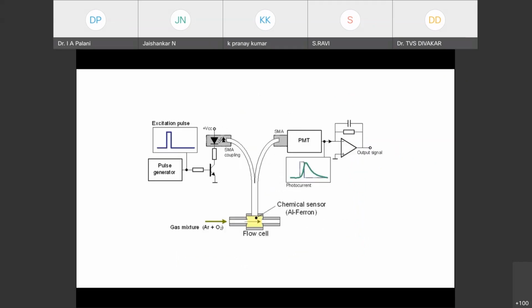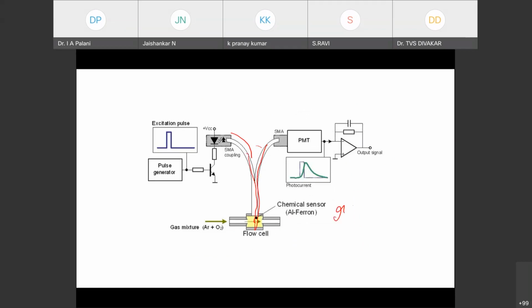So this is an advanced level where you have a chemical mixture. The chemical mixture is made to flow through the flow cell, and here you have an optical fiber through which light is made to pass. The light moves in this direction and it gets reflected back. When it reflects back, two different phenomena happen.